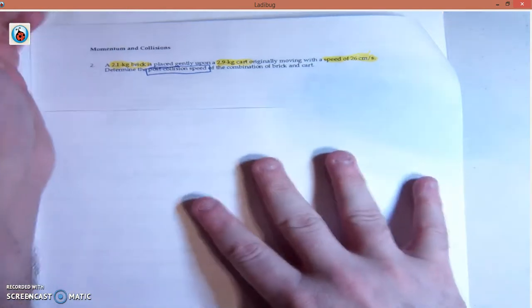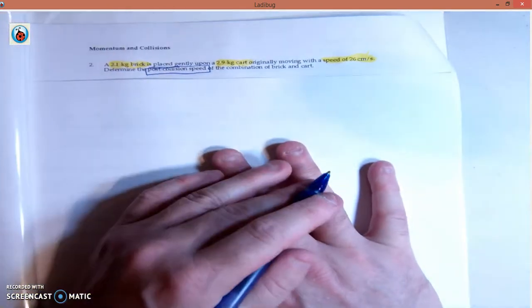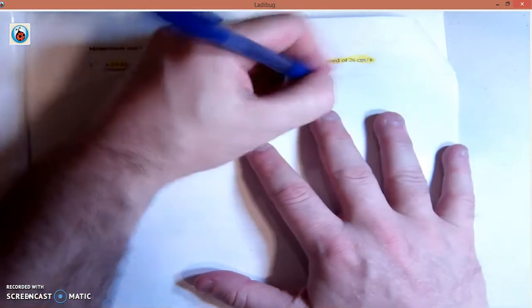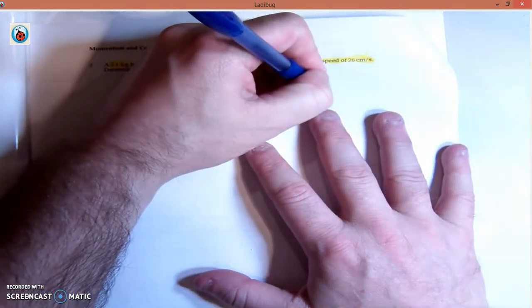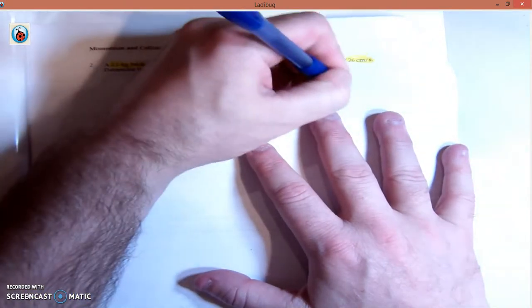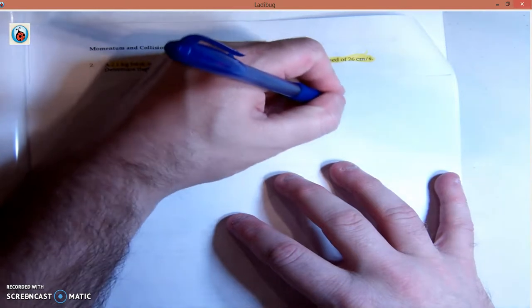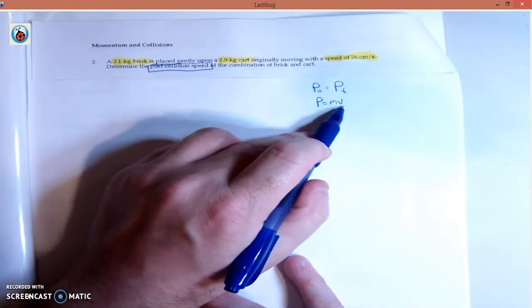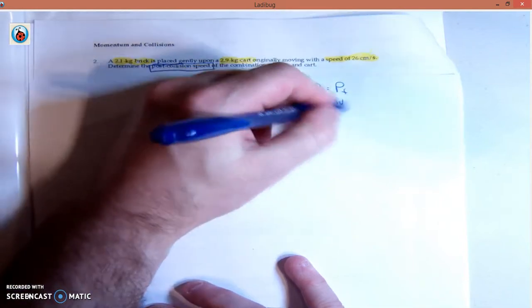So here we go. First thing I do is I write all my stuff down. I'm going to write the same stuff I've been writing. Momentum initial equals momentum final, so that's true for our closed system. We also know the momentum is mass times velocity. We have two objects, so we should have two of these.